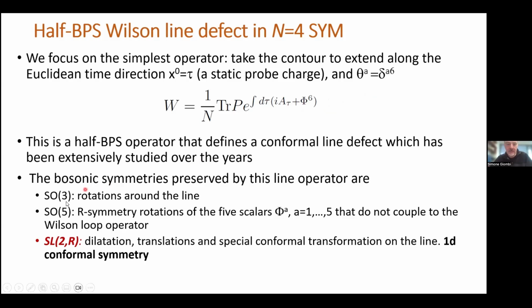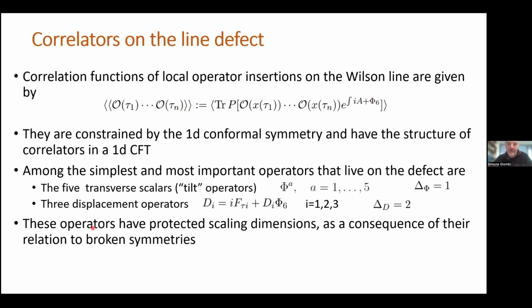One can show that this is a conformal line defect in this theory. It preserves these bosonic symmetries: SO(3) is the rotations around the line, SO(5) are the rotations of the 5 scalars that don't couple to this, and then there is a one-dimensional conformal symmetry along this line, which is SL(2,R) or SO(2,1). So what are the defect correlators in this system? They're objects of this kind where we insert matrices inside the path-ordered trace.